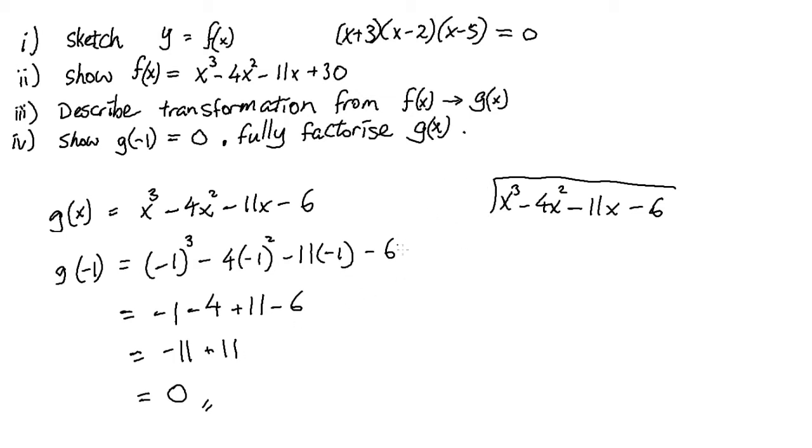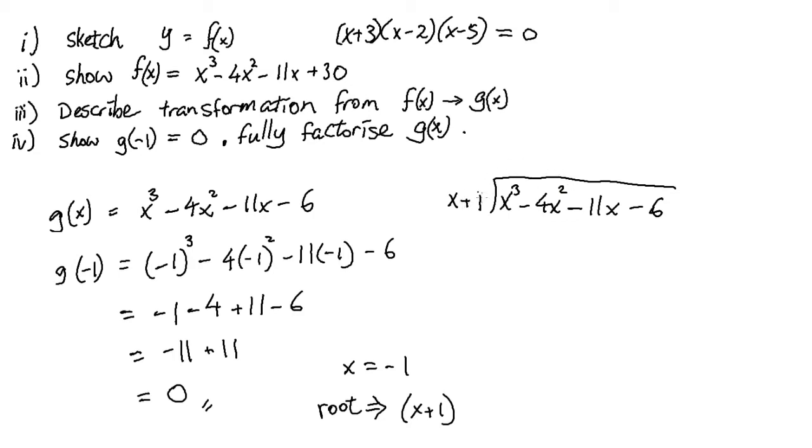And thanks to the factor theorem, which this question is ultimately dependent on, we know that when x is minus 1, there is a solution. So because x equals minus 1 is a root, the factor has to be x plus 1. And so x plus 1 will be put on the root, and we have to divide everything through.